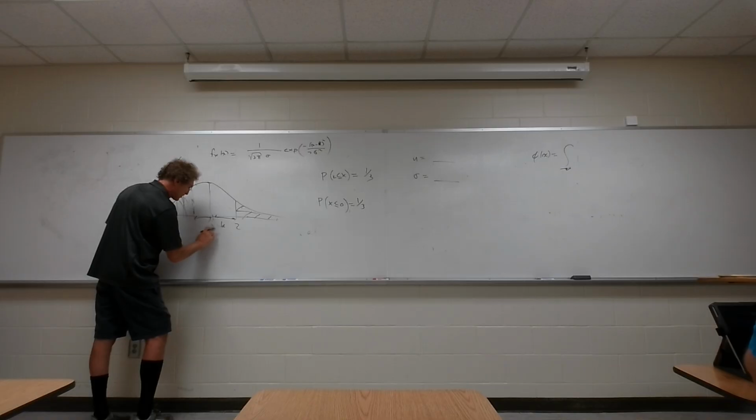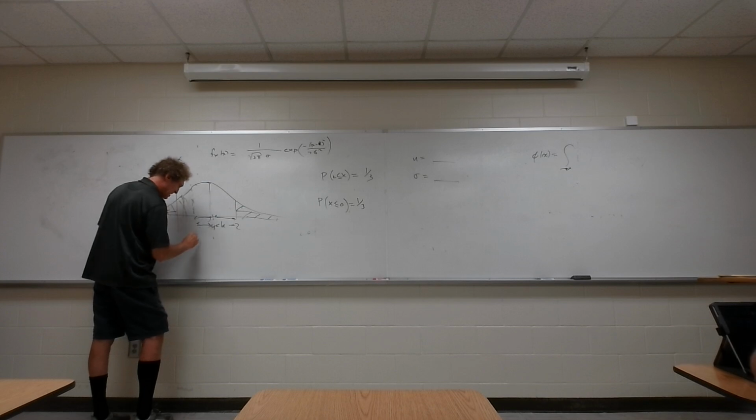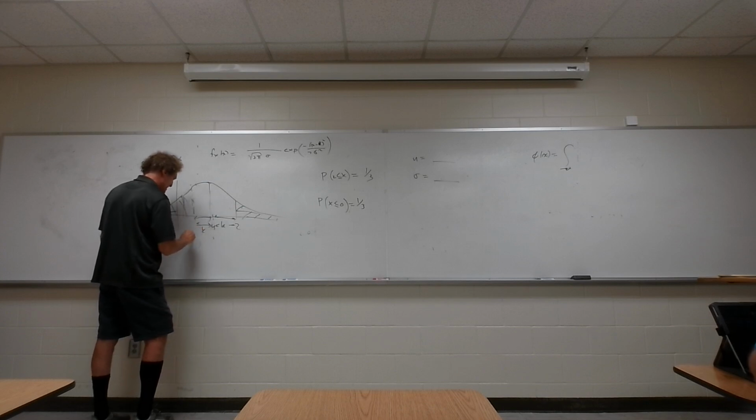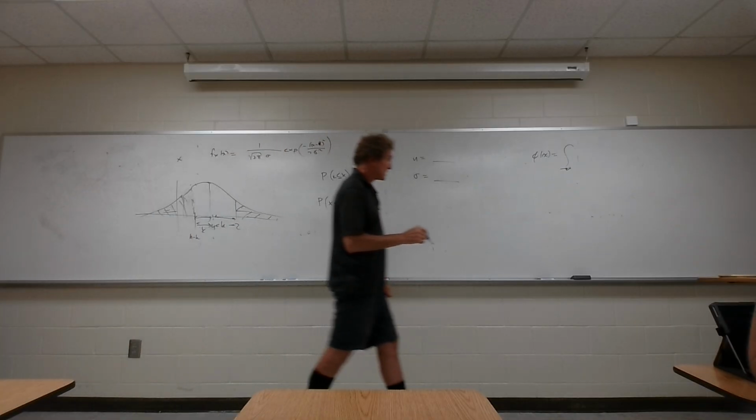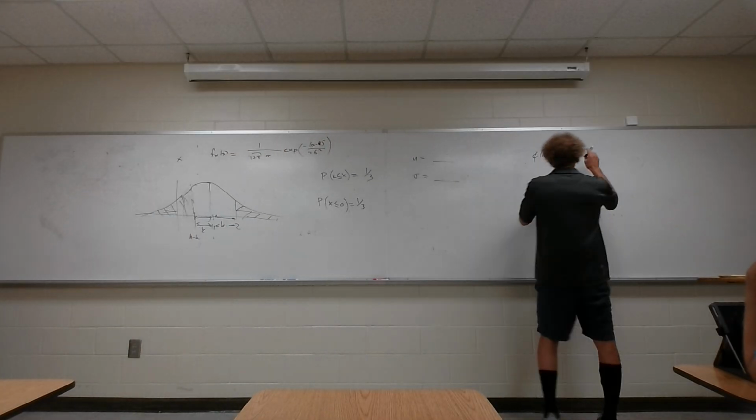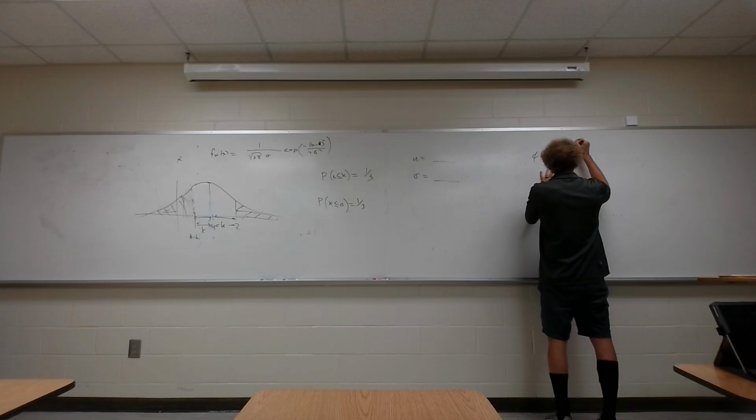And I'll use u for this. So this distance is k, and this distance here is going to be k. So this distance is going to be u minus k. Now I can say the integral from minus infinity to the mean minus k of this.